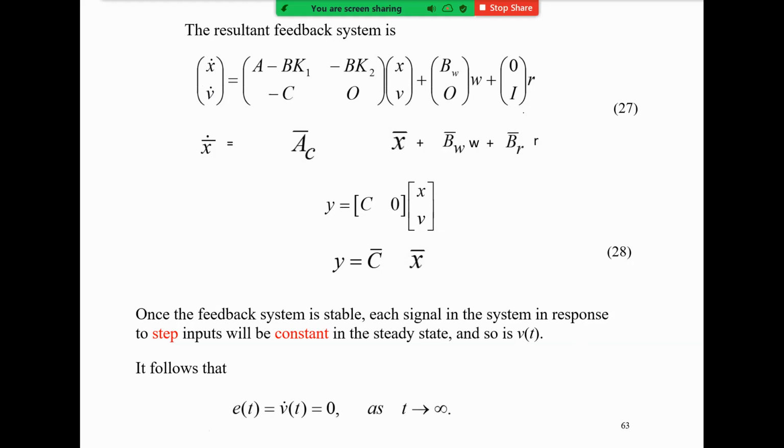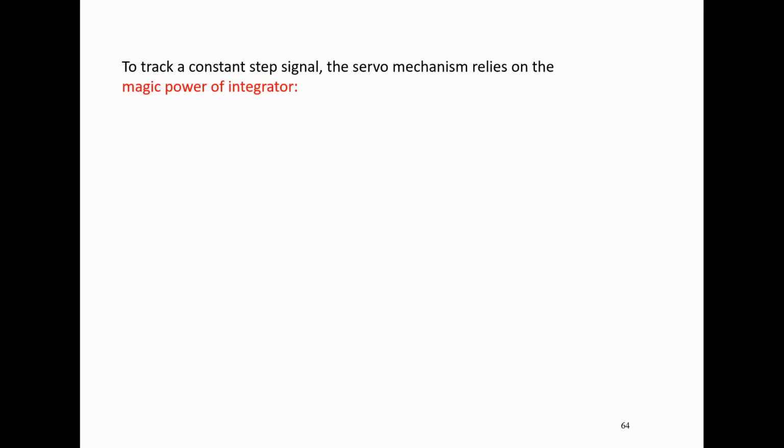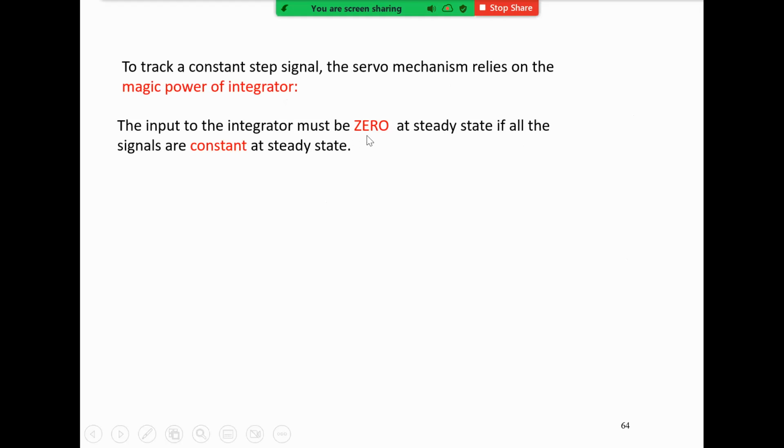Any questions? So that is the way we can track a constant step. You can see that the servo mechanism relies on the magic power of the integrator again. The input to the integrator must be 0 when everything settles down to a constant.